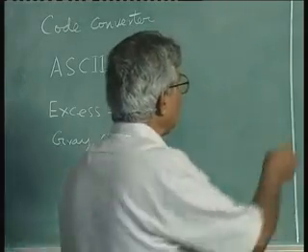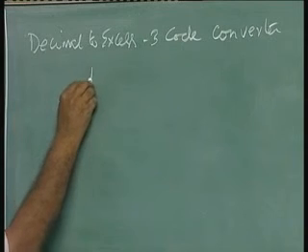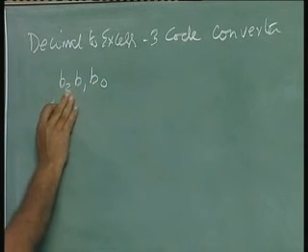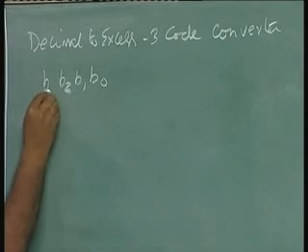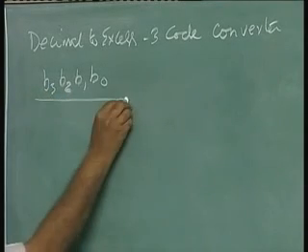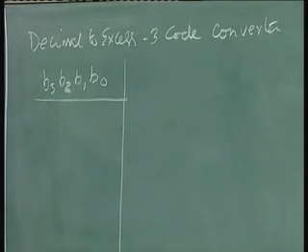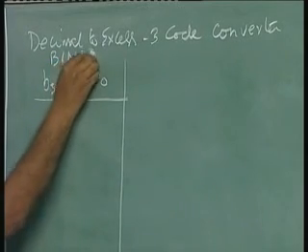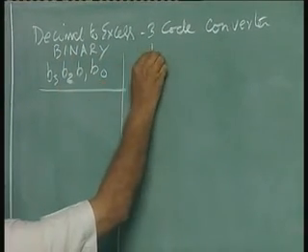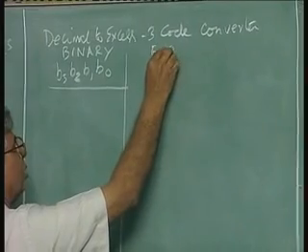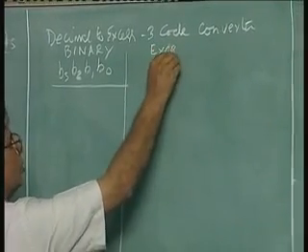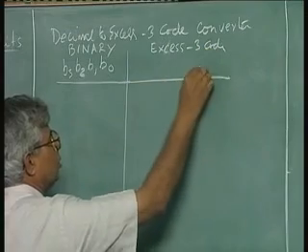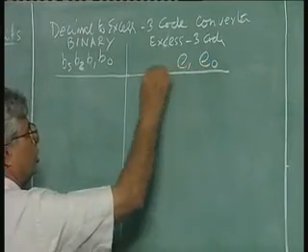So the given binary code, I will call B0, B1, B2, B3, are the 4 binary bits of the binary code. And the corresponding XS3 code, I call it E0, E1, E2, E3.